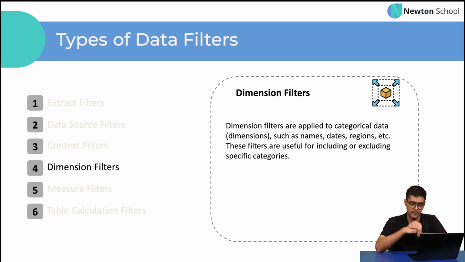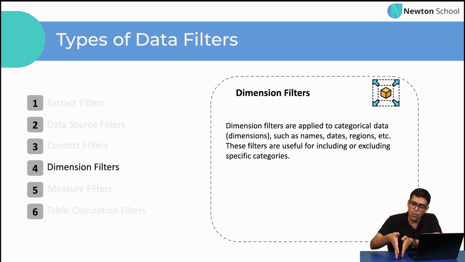Now a dimension filter. Dimension filters are applied to categorical data such as names, dates, regions, etc. These are useful for including or excluding specific categories. If you only are concerned with the data regarding women or the data regarding men, you apply a dimension filter. Let's say your data has data for both men and women, right?